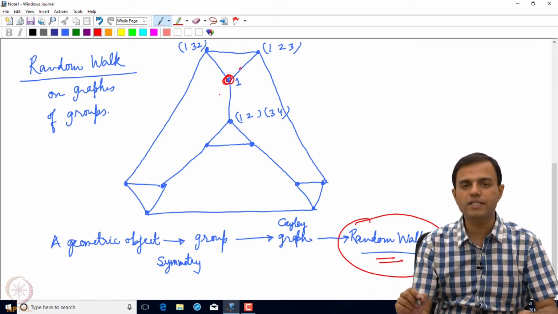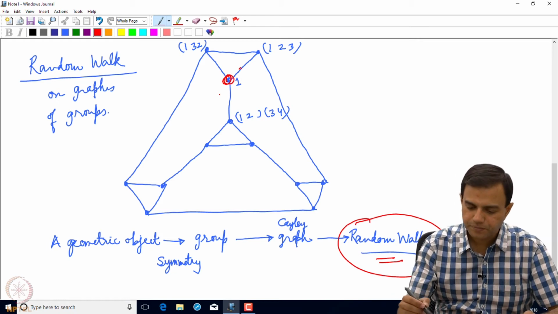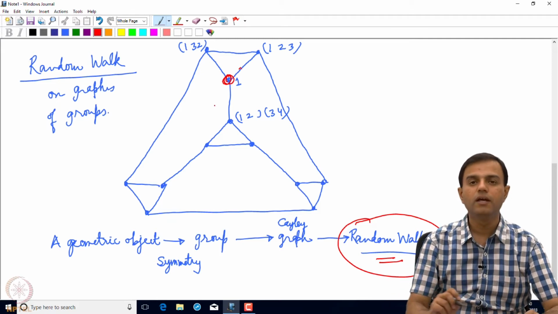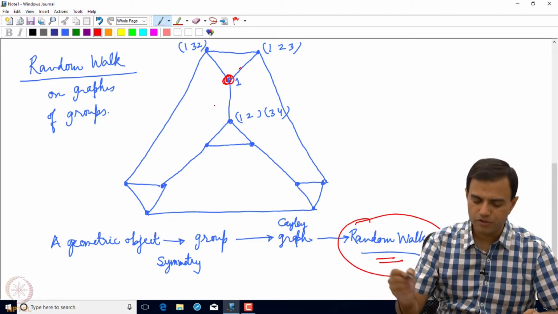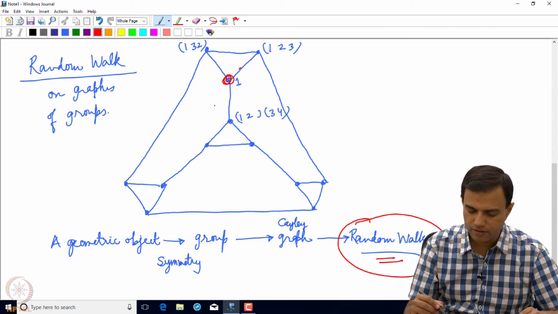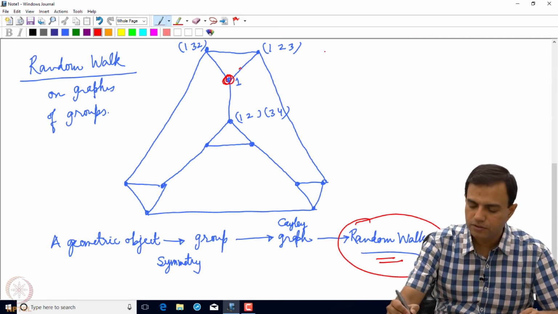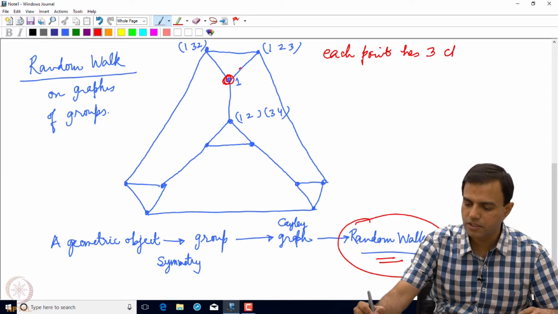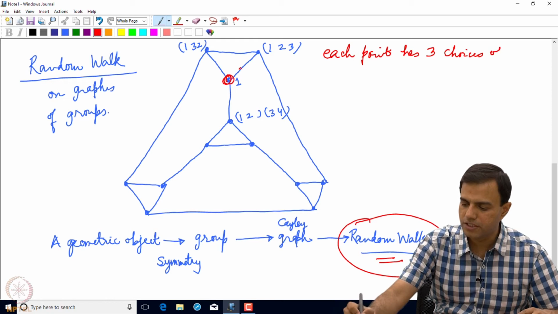So what is prescribed to me is, at each point there are 1, 2, 3 edges coming out of it. That is how the graph looks here. I am just mentioning it as an example. So each point has 3 choices of edges.